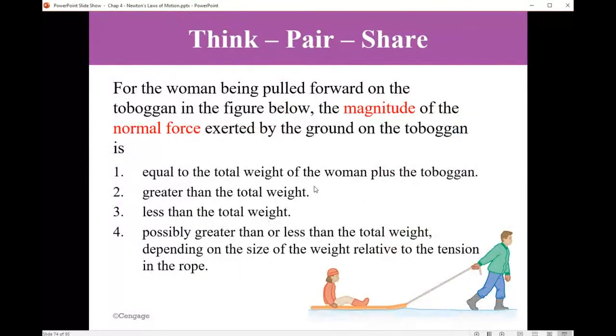For the woman being pulled forward on the toboggan in the figure below, the magnitude of the normal force exerted by the ground on the toboggan is? Any suggestion?